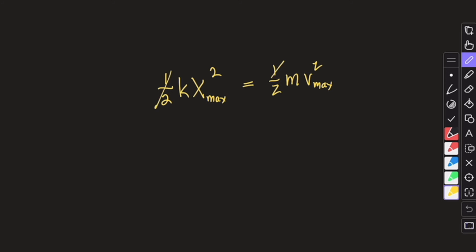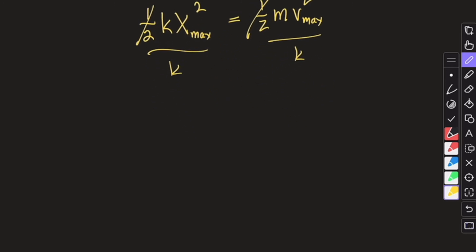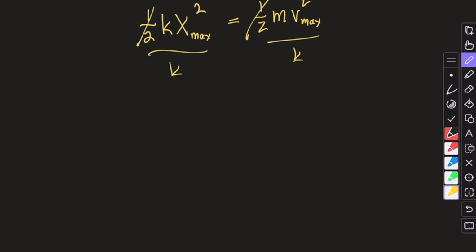First, I get rid of the 1/2 and divide both sides by k. Just going to do a little algebra. That gives me x max squared equals m over k times v max squared. Okay so far? Take the square root of both sides.